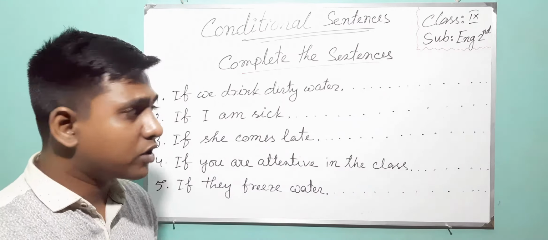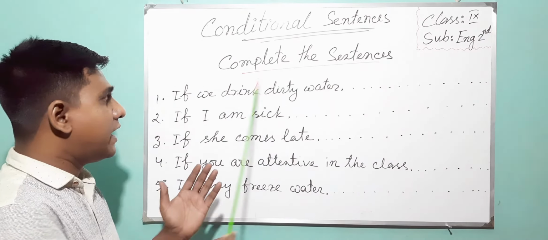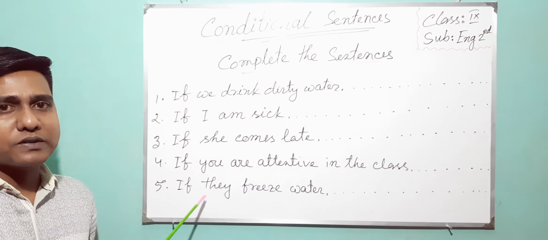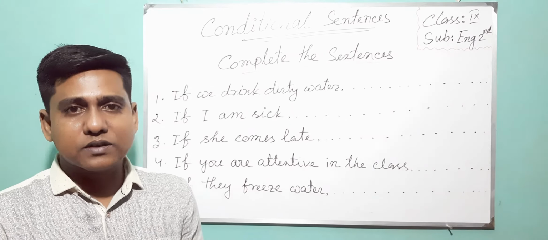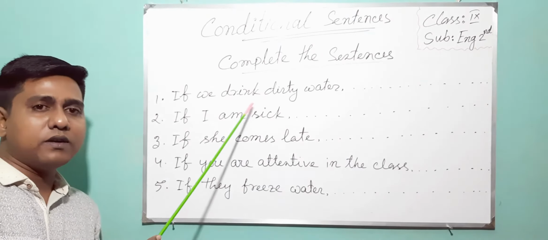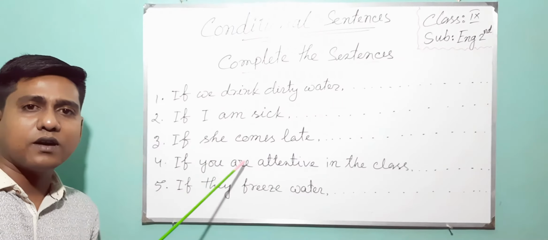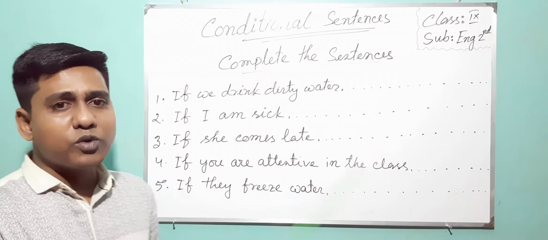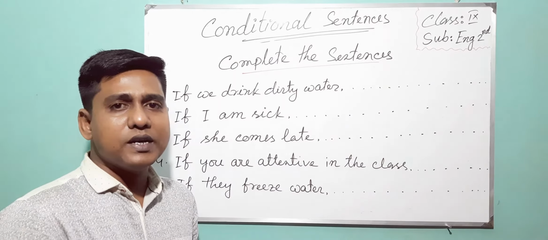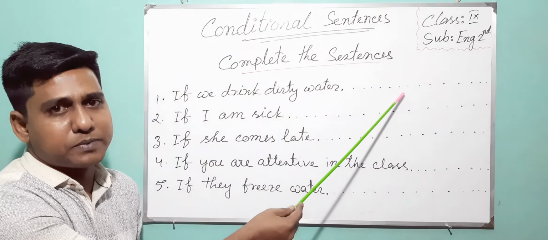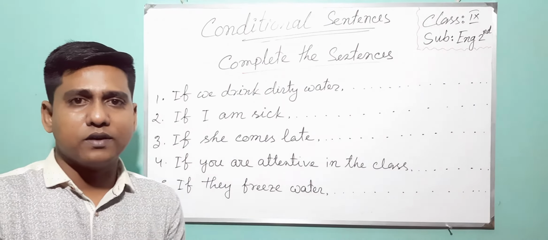Dear learners, think what will be the next part. Every part is the if part. So what will be the result part or main clause? We say if part or if clause, and we need the main clause or result part. So write on your writing copy.